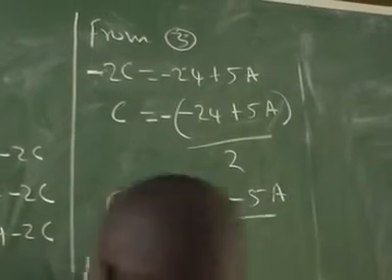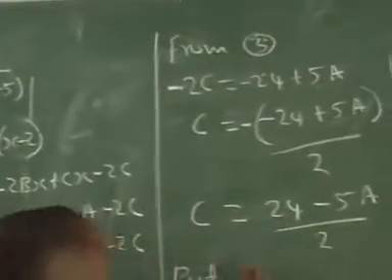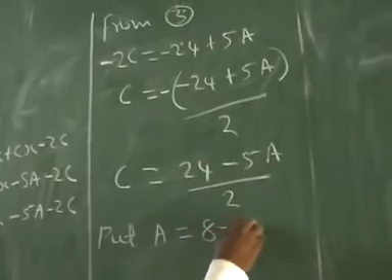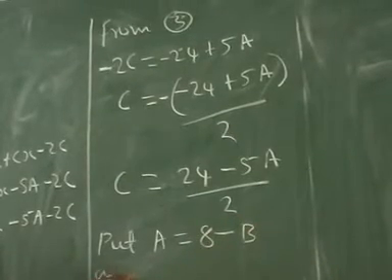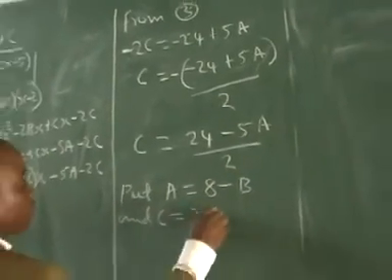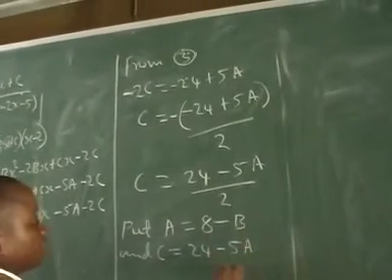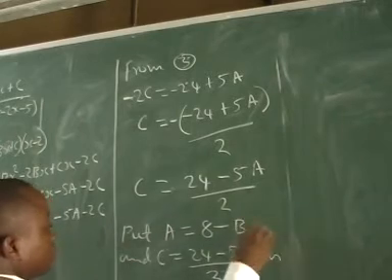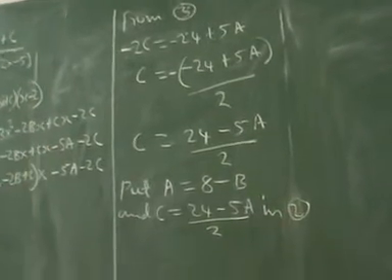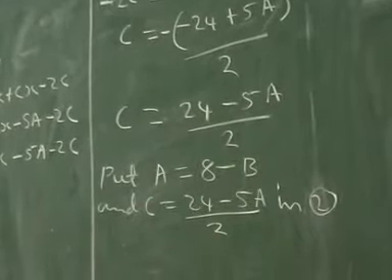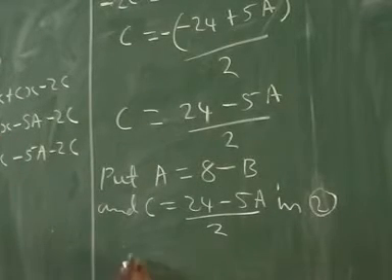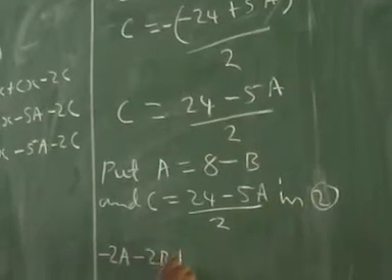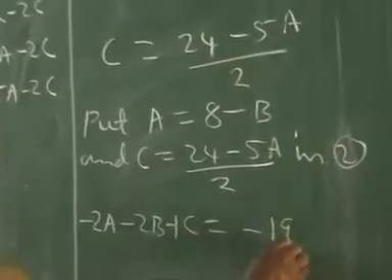Now I'm going to put a equal to 8 minus b, and c equal to 24 minus 5a all over 2, in equation 2. Equation 2 says that minus 2a minus 2b plus c is equal to minus 19.